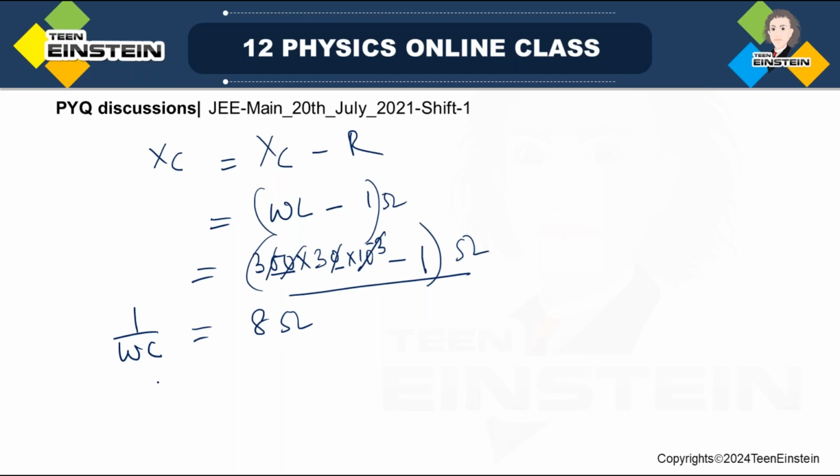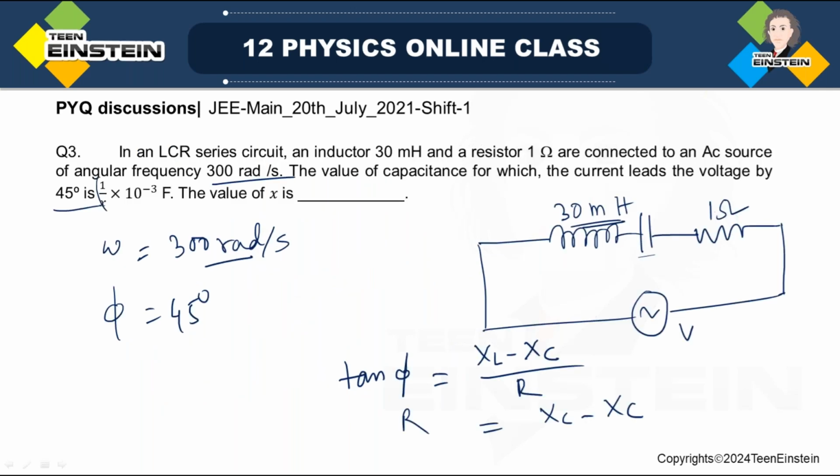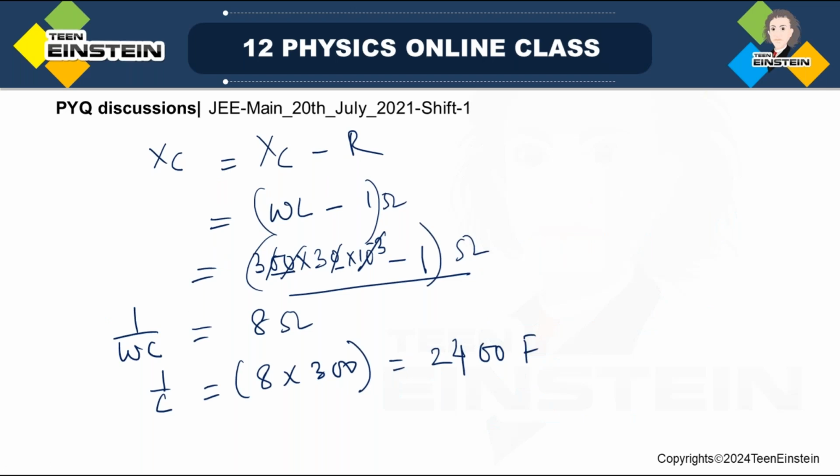So this is 1 over c, which will be omega into 8, so 300 rad per second. This will be in farad.